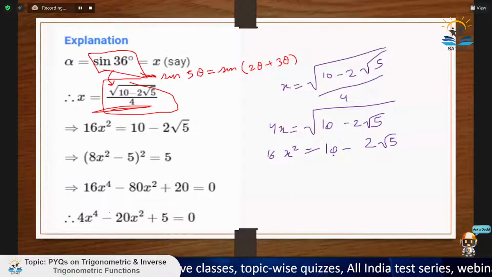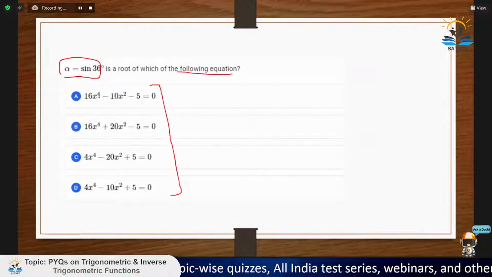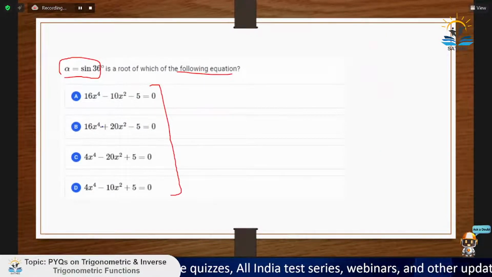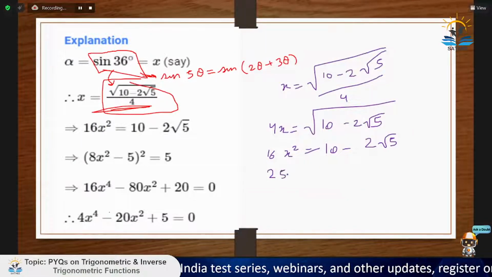Again square both the sides because you can see here you are getting an equation in x power 4 terms, so you need to square it once again.